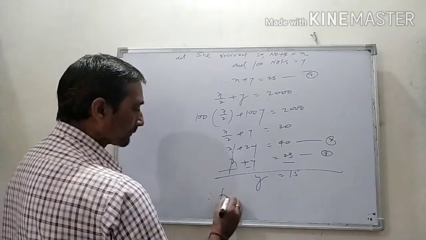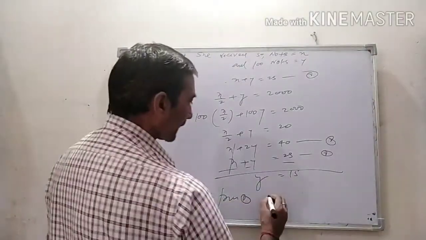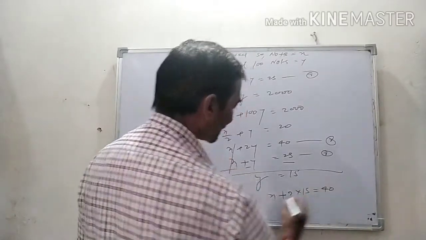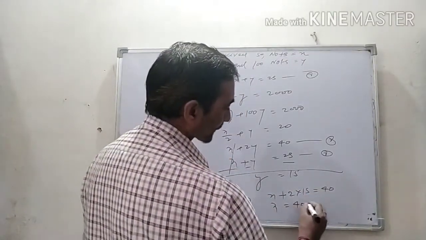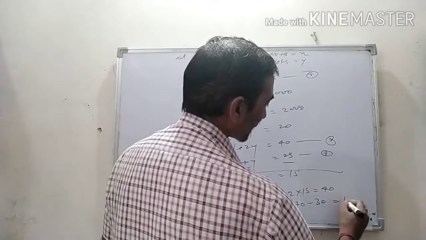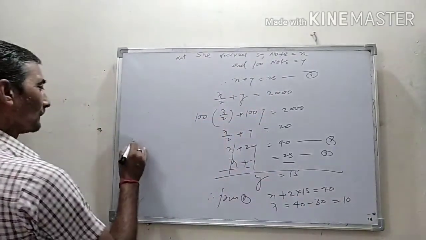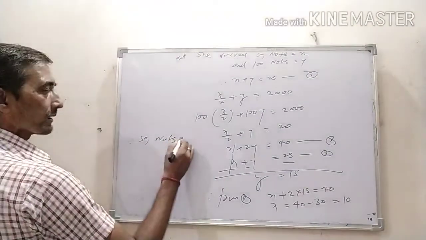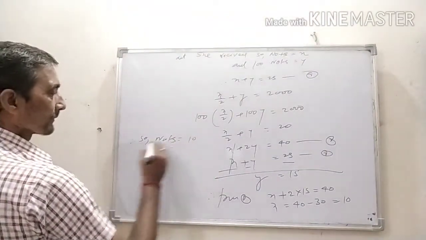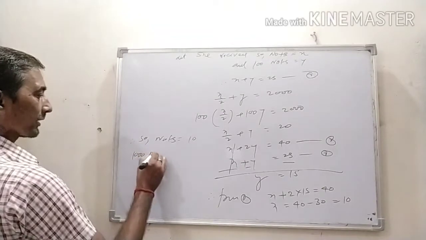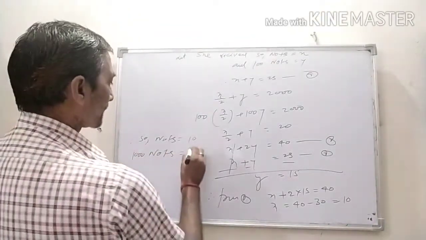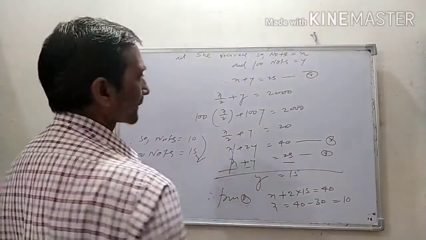Therefore, from the second, x plus 2 into 15 equals 40, x equals 40 minus 30, that is 10. Therefore, 50 rupee notes are 10 and 100 rupee notes are 15. This is your answer.